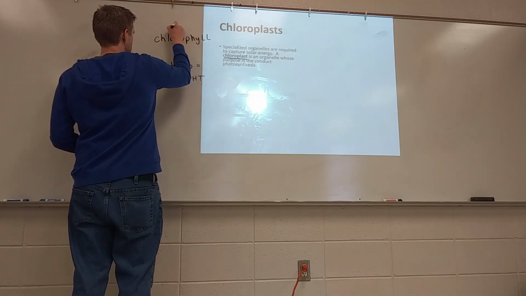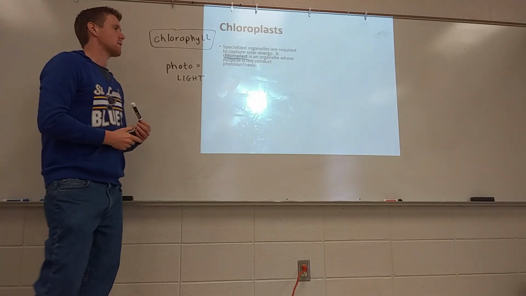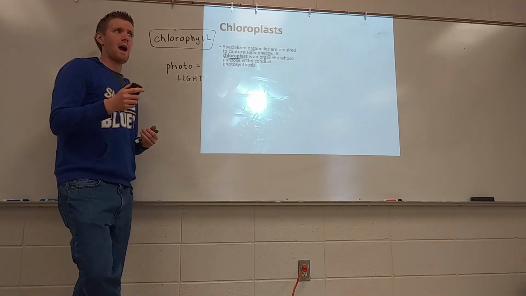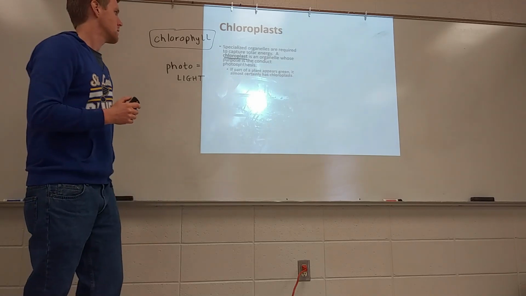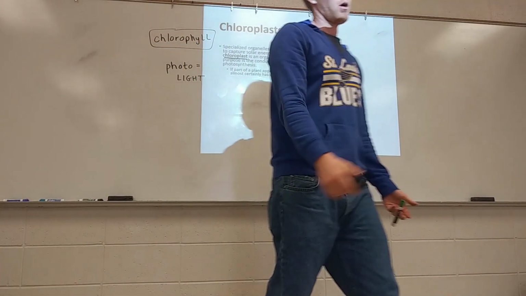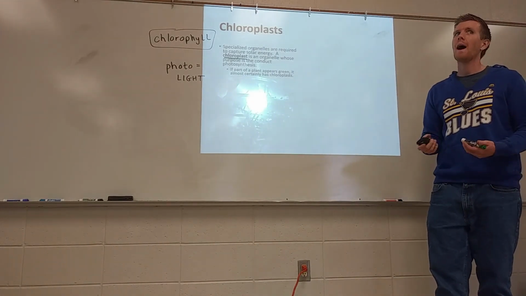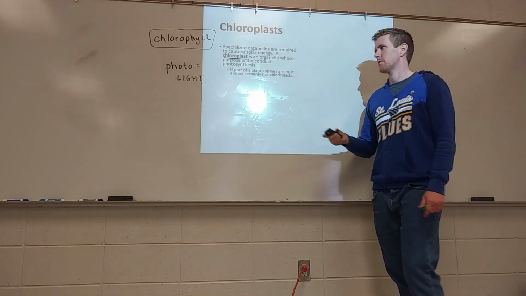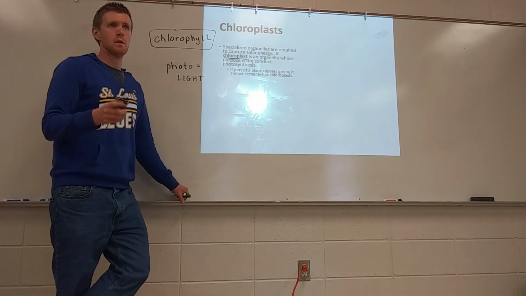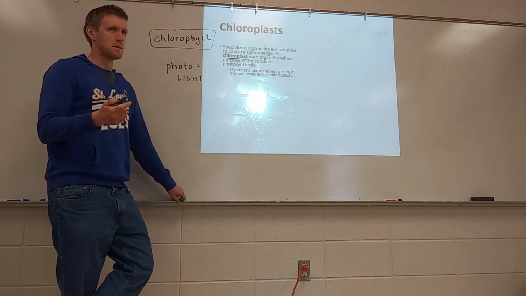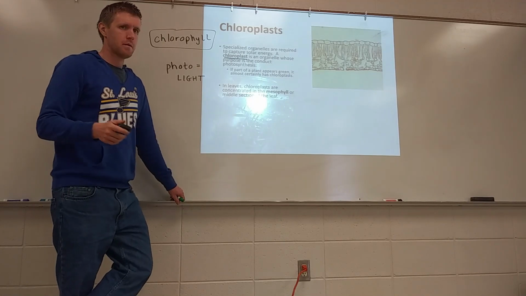This is the pigment that's responsible for the green color that we see in plants, and chlorophyll is the actual molecule that harnesses that incoming light energy. So if a part of a plant is not green, it can't do photosynthesis. Chlorophyll has to be there for a plant to conduct photosynthesis. So if part of a plant appears green, it almost certainly is going to have chloroplasts because it also has chlorophyll. Let's take a look at a leaf here.